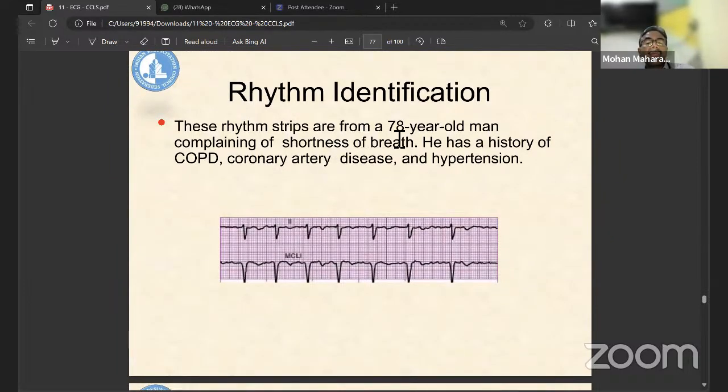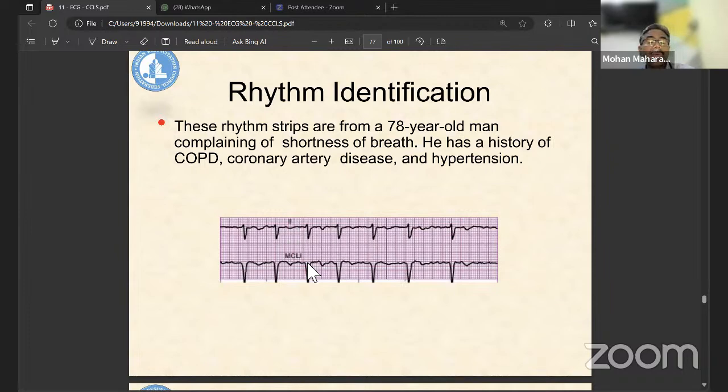This is a 78 year old man complaining of shortness of breath. He has a history of COPD and CAD with hypertension. As we said, two leads are to be read simultaneously, as in the 44th slide, I believe.